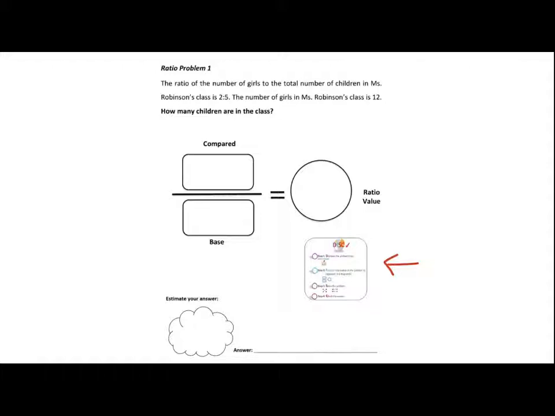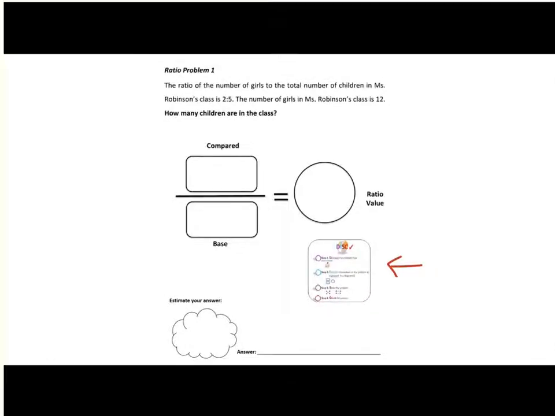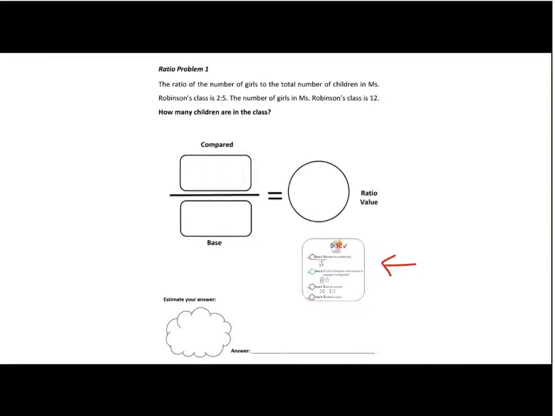So ratio problem number 1, make sure you're following along. The ratio of the number of girls to the total number of children in Miss Robinson's class is 2 to 5. The number of girls in Robinson's class is 12. How many children are in the class? Okay, so this diagram here will help us, but let's figure out what kind of problem this is. So we were just told that this is a ratio, this 2 to 5 is the number of girls to the total number of children.